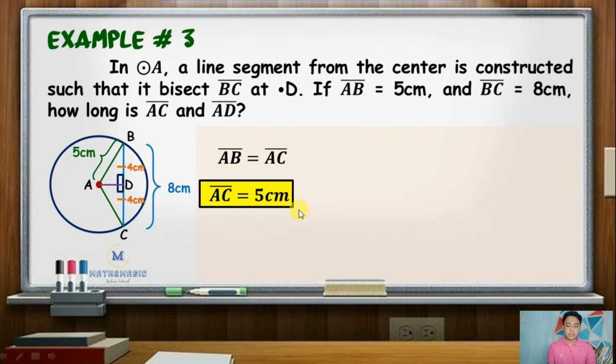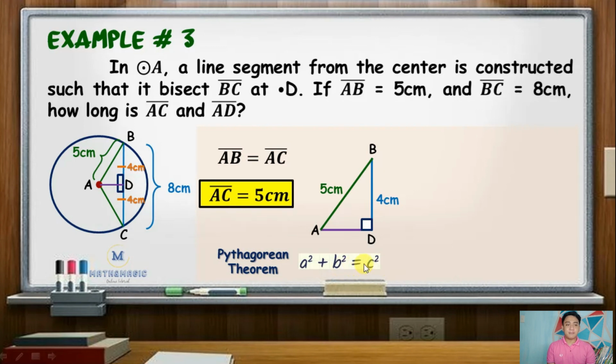Now solving for segment AD, here we will apply a theorem often used in right triangles when solving for the length of a side. That is the Pythagorean theorem. It is given by a squared plus b squared equals c squared, where c is the hypotenuse or the side opposite the 90 degrees, that is also the longest side.